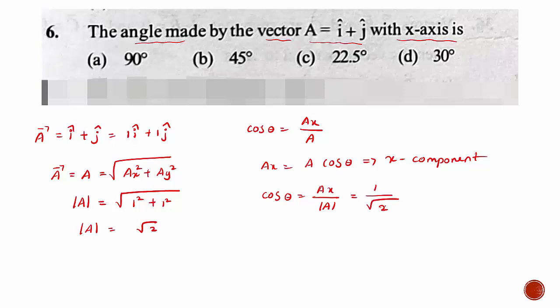So 1 by root 2; it means theta should be how much? Cos theta equal to 1 by root 2 means theta equal to 45 degrees, because cos 45 equals 1 by root 2. So the angle of the vector is 45 degrees with the x axis. 45 degrees means option B is the right answer.